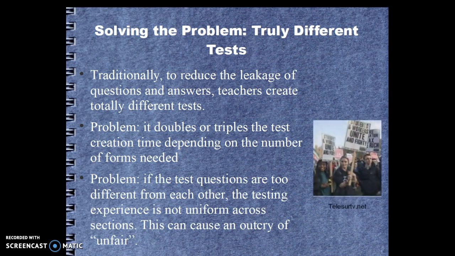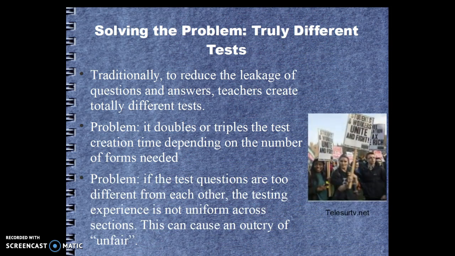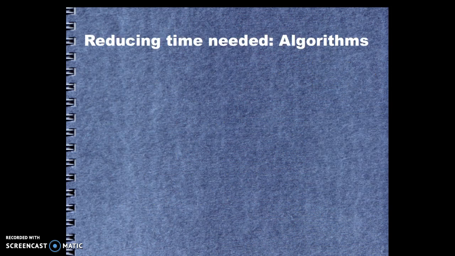And if the test questions are too different from each other, the testing experience is not uniform across sections, and this can cause general or specific outcry that the method is unfair. And of course, the teacher has to generate a new answer key for each of these by hand, and if there is a time problem, the teacher might make a mistake on the calculations.